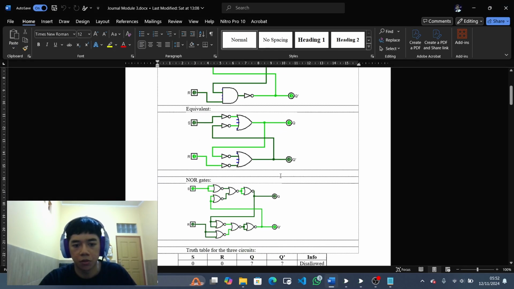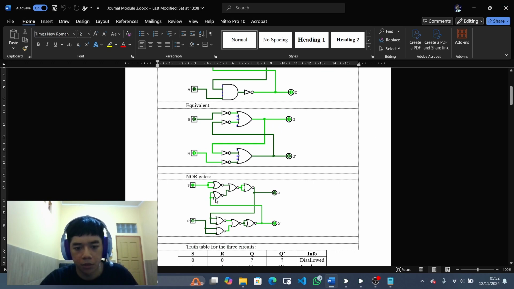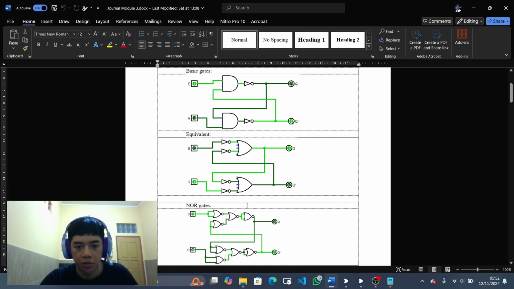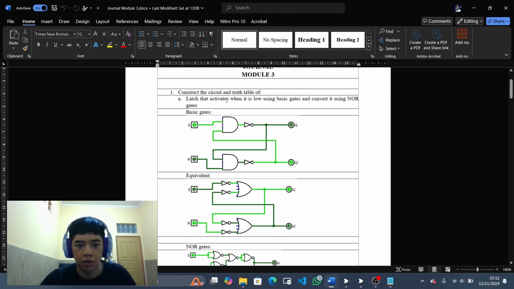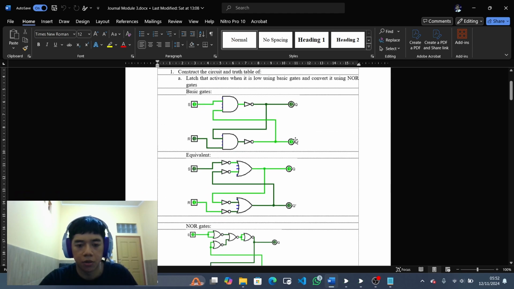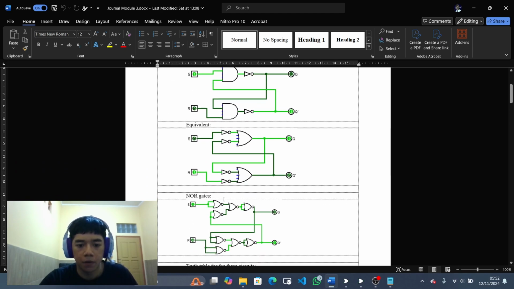So we're moving on to the NOR gate form. The NOR gate form is pretty straightforward. You just create the equivalent to the NAND gates. A NAND gate is formed by utilizing four NOR gates such as this.